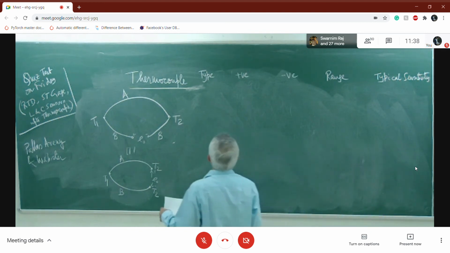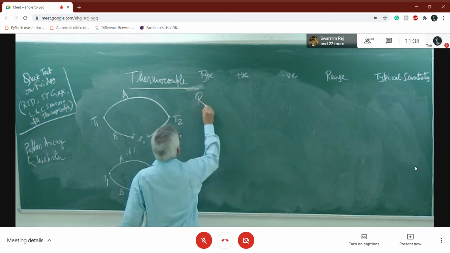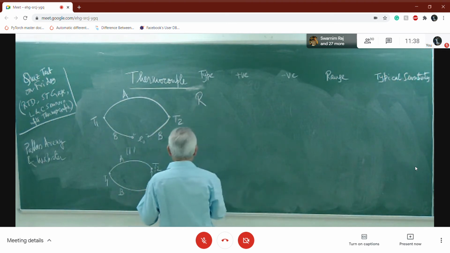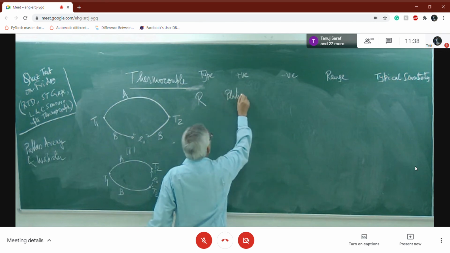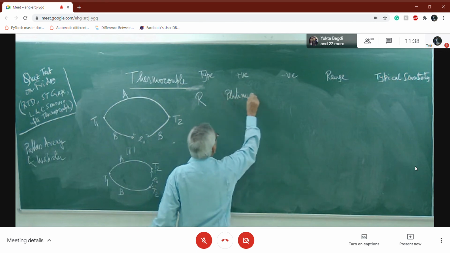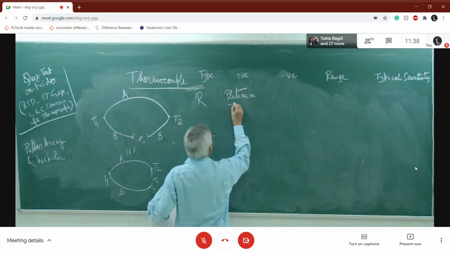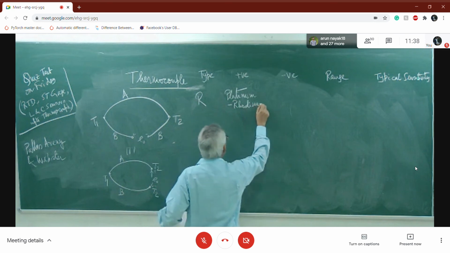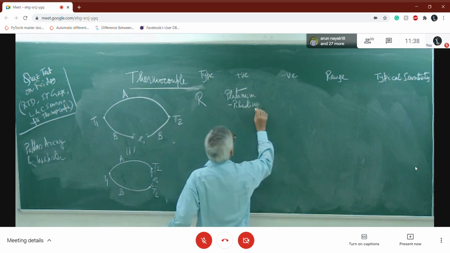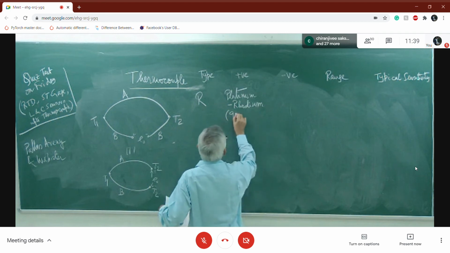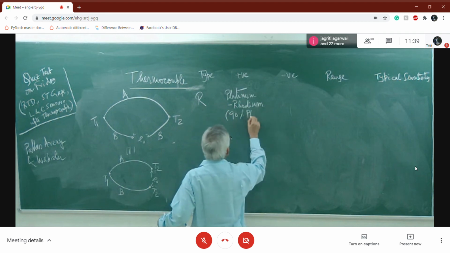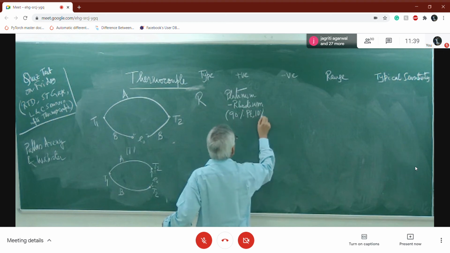So, first of all, it is R type. The positive one is platinum, which is costly, and rhodium. So basically it is 90% platinum and 10% rhodium.